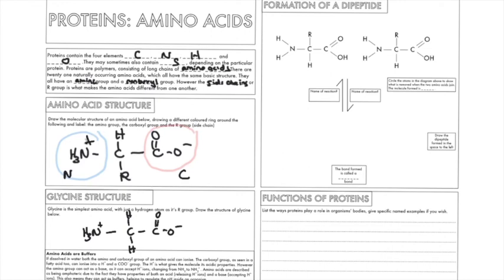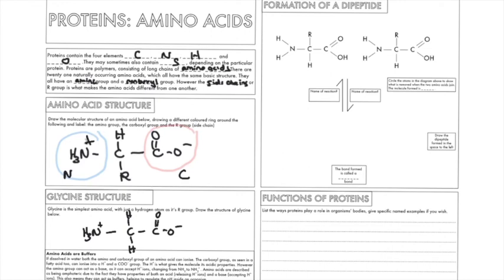However, the amino group can act as a base and it can accept a proton or hydrogen ions, changing from NH2 to NH3+. Amino acids are described as being amphoteric due to the fact that they have properties of both an acid, releasing protons in solution, and a base, accepting protons or hydrogen ions in solution. This also means they can act as buffers, helping to regulate pH inside an organism.